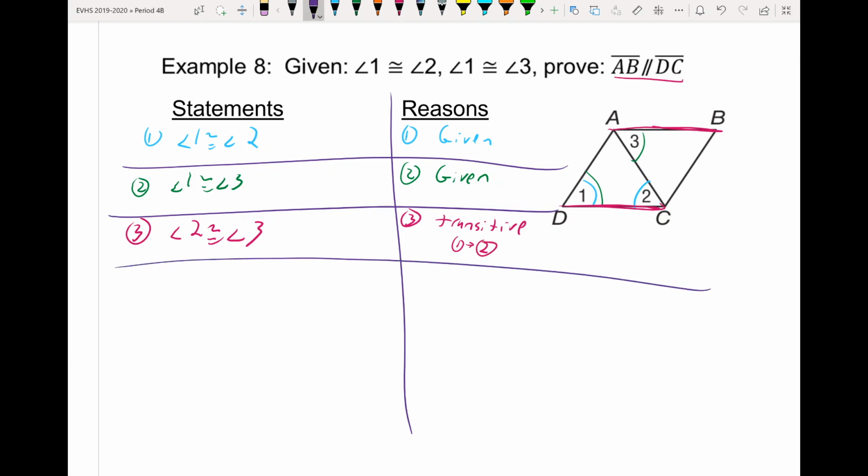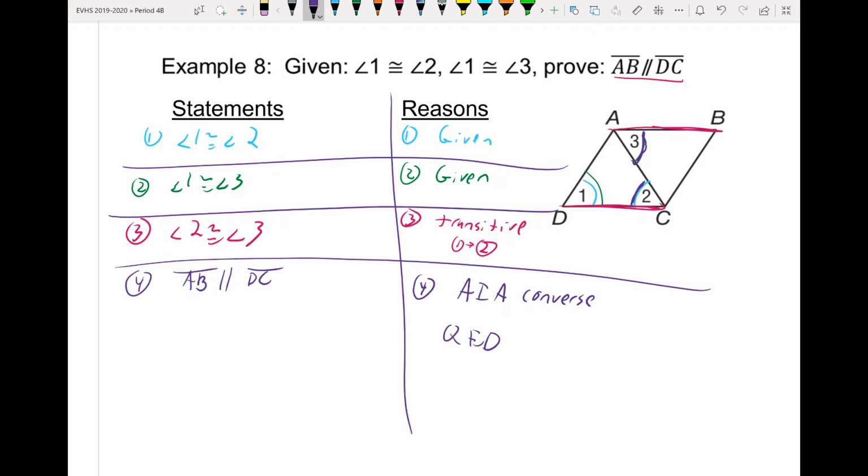And now that I have that angle 2 is congruent to angle 3, I can say that segment AB is parallel to DC, and that is because of the alternate interior angles converse. Done. Mic drop. New students, we'll talk about QED in a second after we cut the recording.